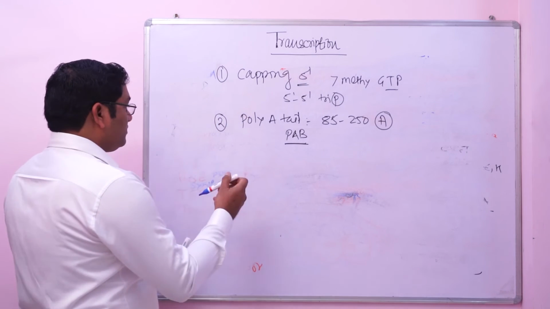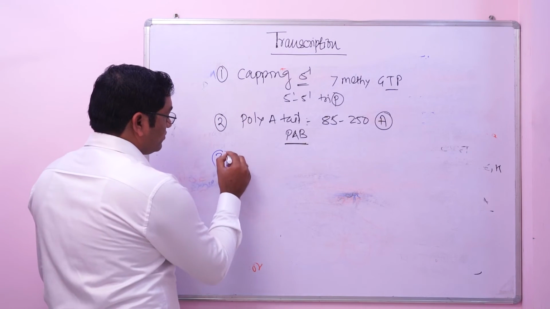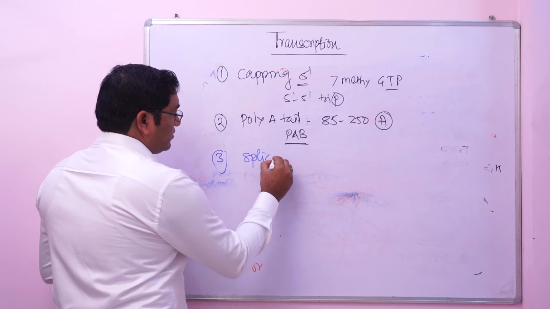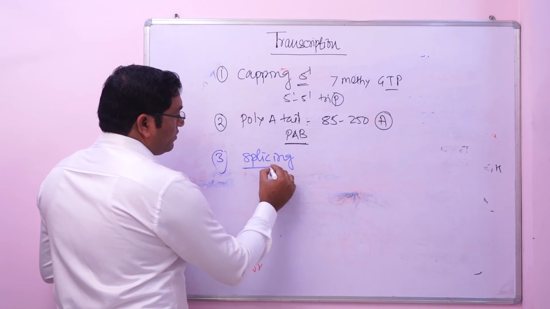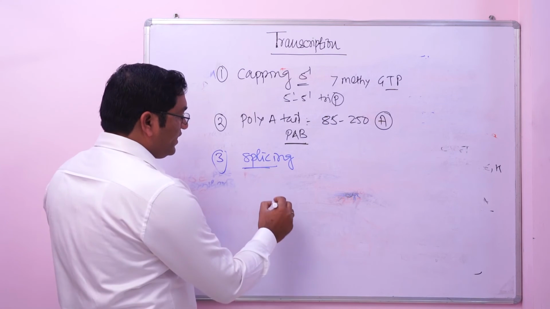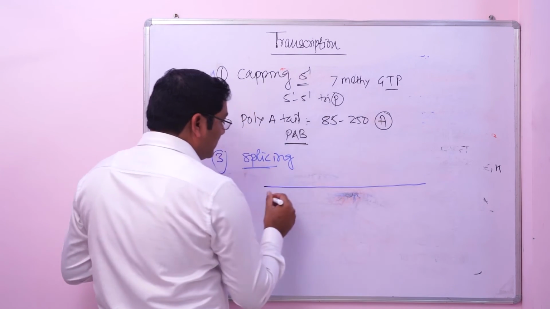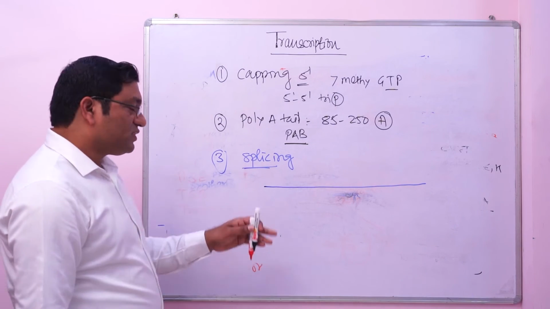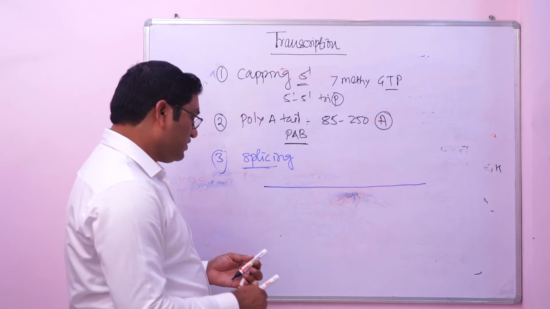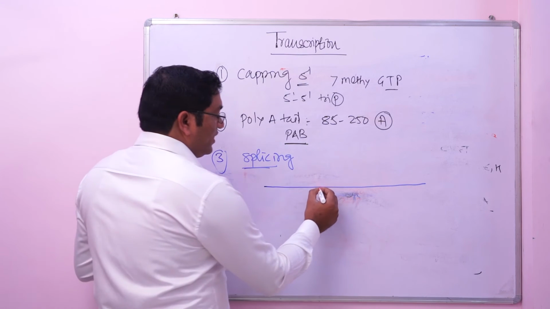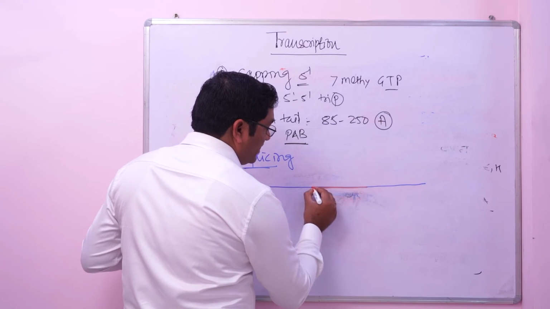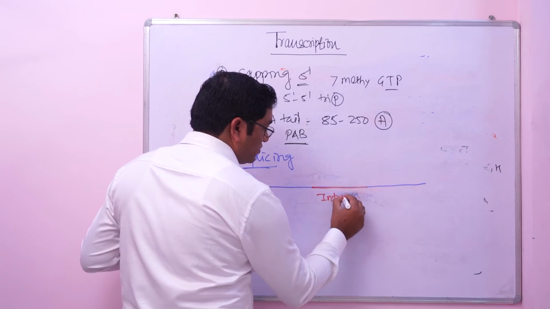Third one is the splicing. This newly synthesized RNA will have the cap at the 5' end and various untranslated regions that do not code for any amino acid. This is known as introns.